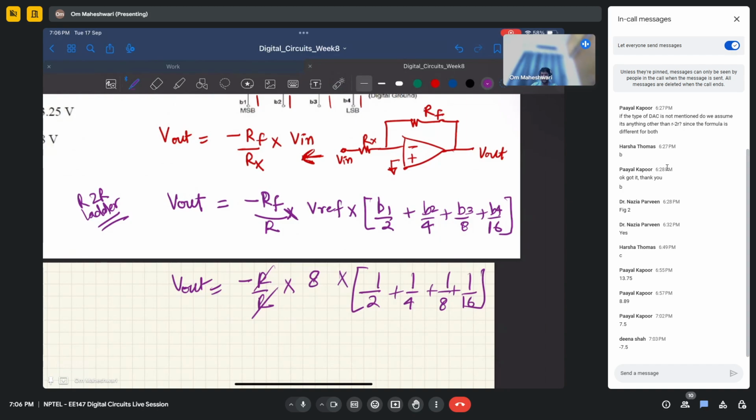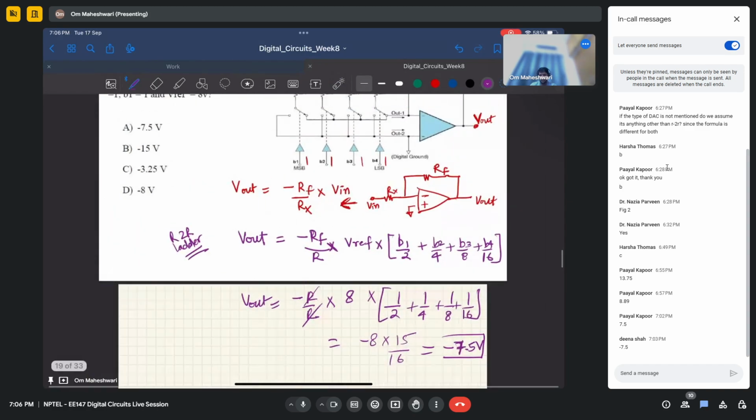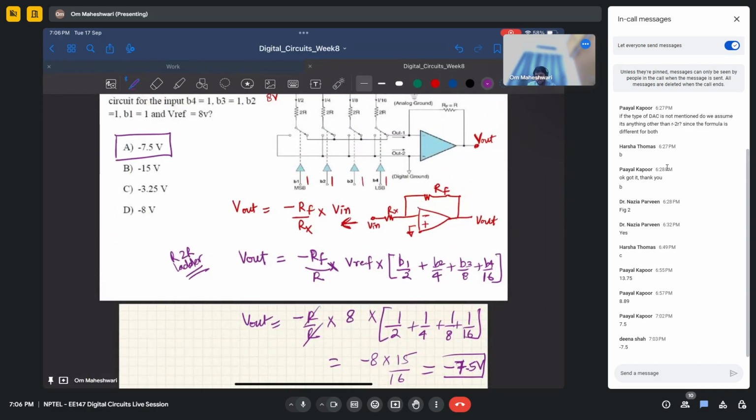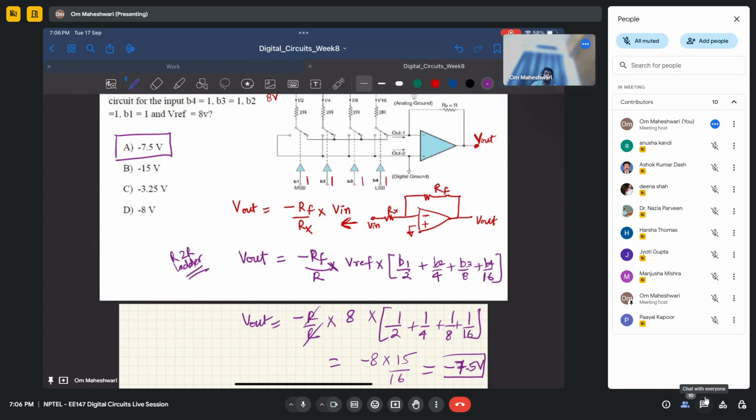If you solve it, it comes out to be minus 8 into 15 by 16, which is minus 7.5 volts. So I hope this is clear.